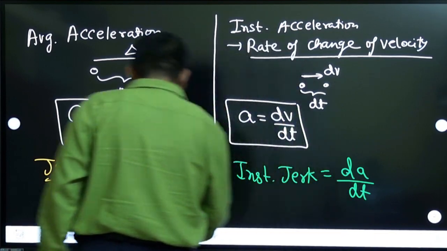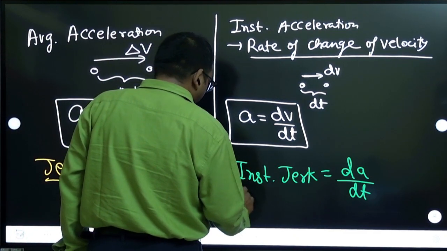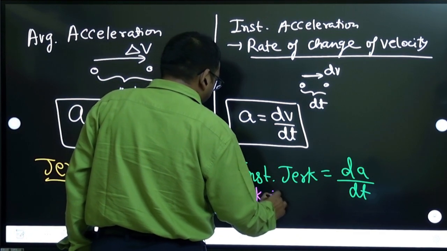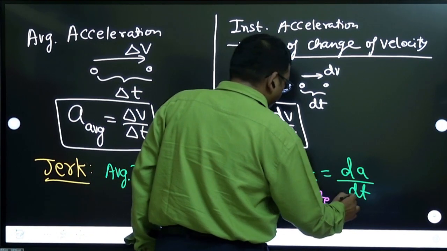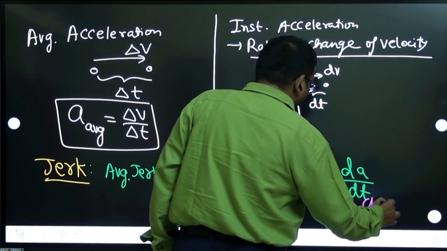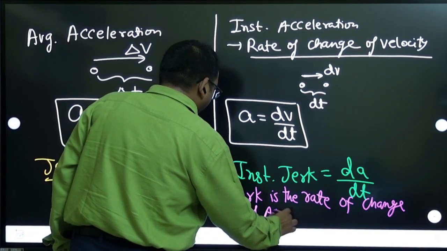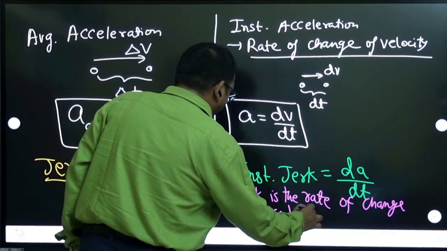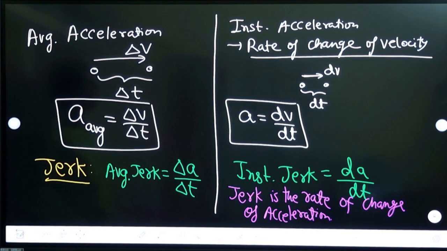So jerk is the rate of change of acceleration. It can be instantaneous and average, but mostly questions are not coming on this.